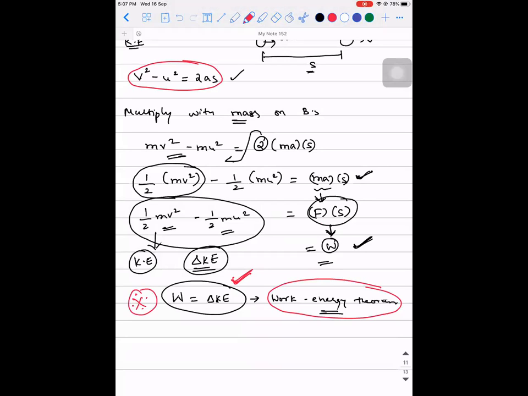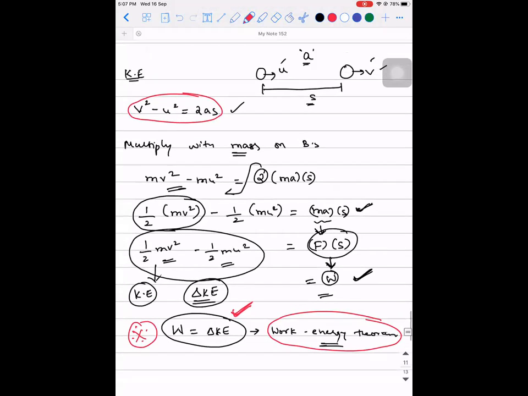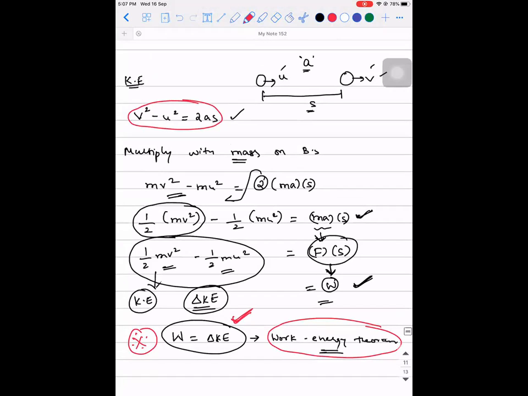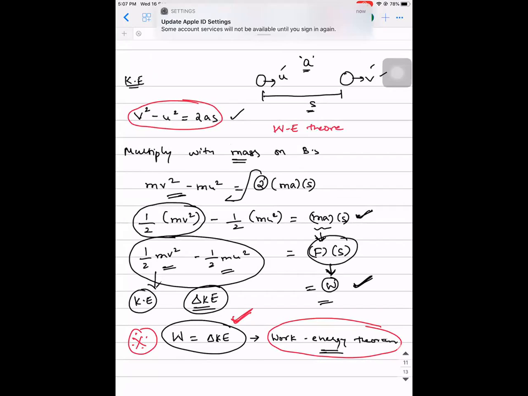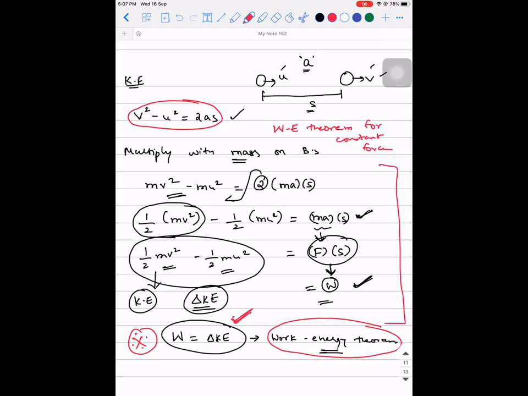Okay, so with respect to CBSE, let me say how the question will be framed. They will ask you to derive the work energy theorem for a constant force. If they ask you to derive the work energy theorem for a constant force, these are the steps to be followed.